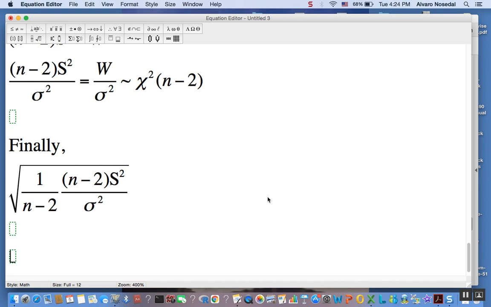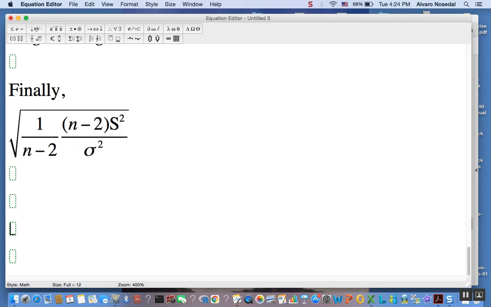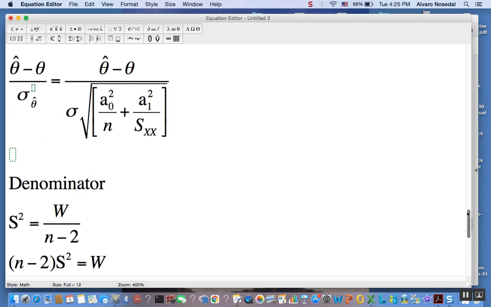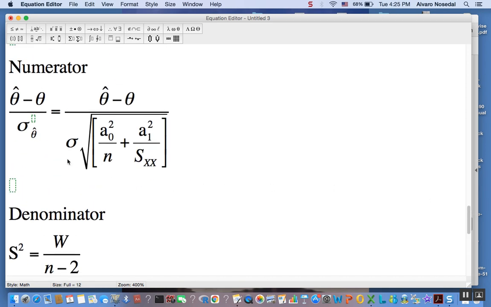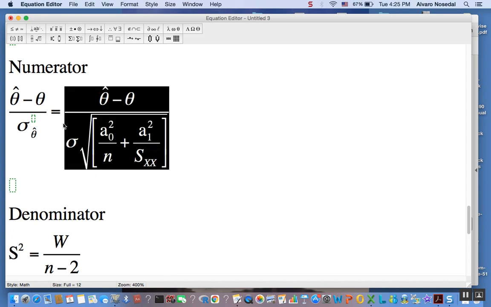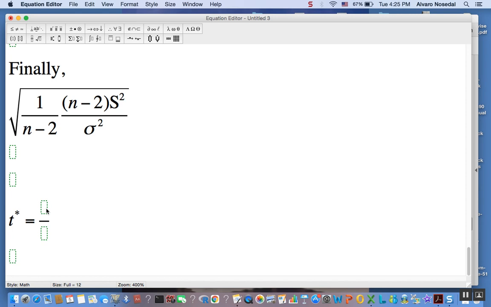So let's see if that works. Let me write down t star. We claim that it's a good idea to combine our ingredients. The numerator, we have it here. Let me copy and paste that expression here.